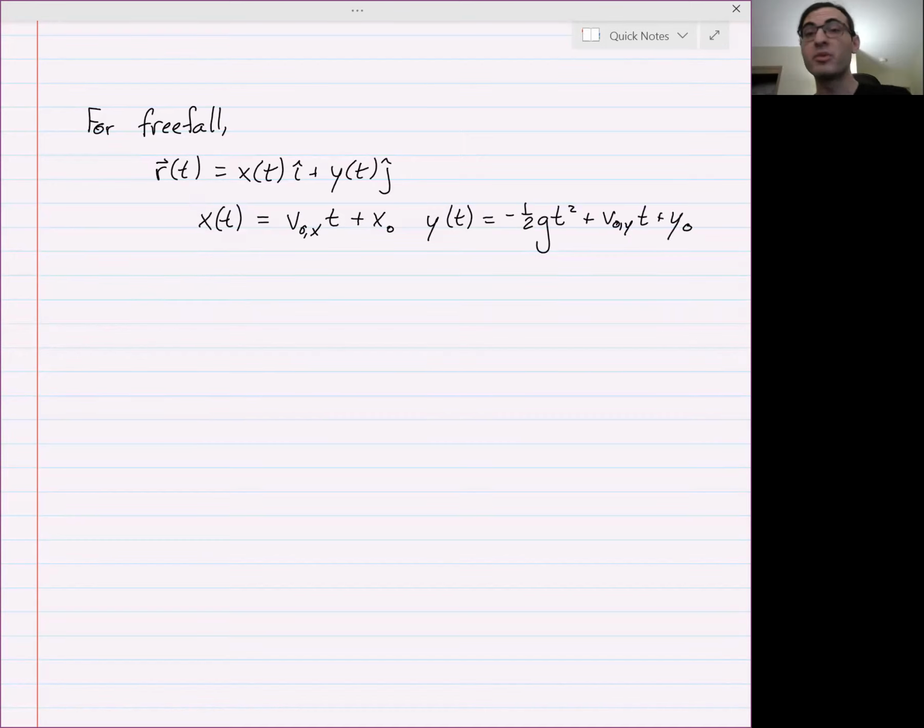Now, this is true. However, we can apply the same reasoning that we used to get here to the more general case of just an arbitrary constant acceleration.